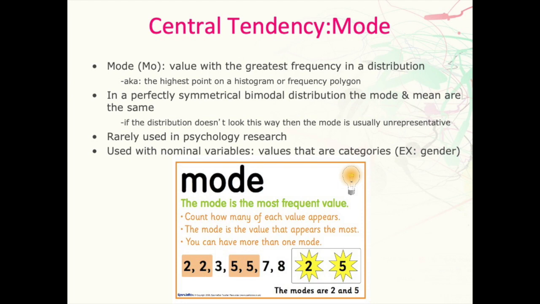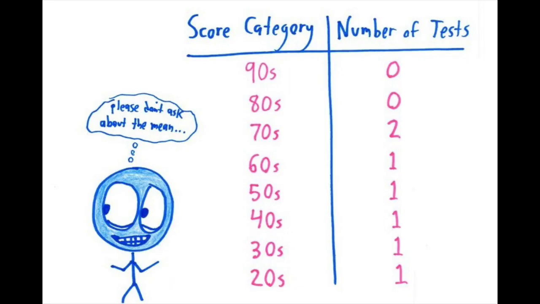So the mode is actually the least used measure of central tendency in statistics. It's used with nominal variables, so variables that are categories like gender, eye color, favorite sports team. When people are responding to your survey questions in words, you have nominal variables. We'll talk more about the different types of variables later.